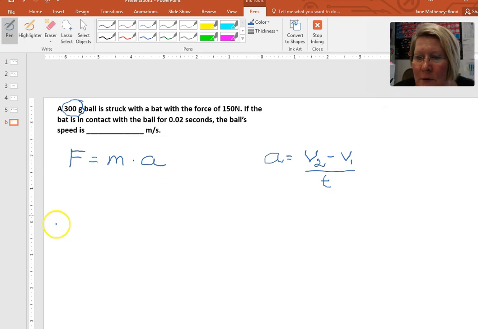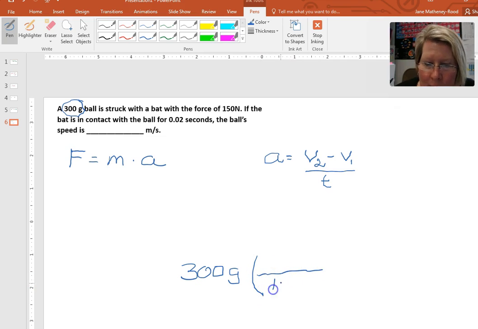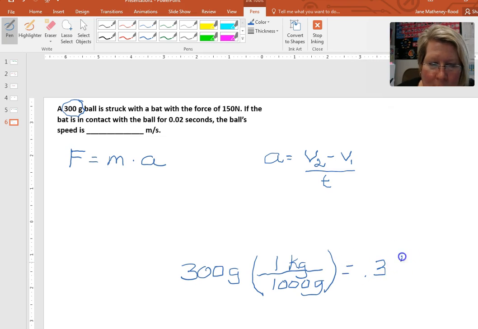Let's convert 300 grams into kilograms. We have 1,000 grams per 1 kilogram. If you don't know that, you look it up in your book. So it is equal to 0.3 kilograms. Now we have the mass in the correct unit. Let's rearrange this equation, because what we need to solve for is the acceleration.